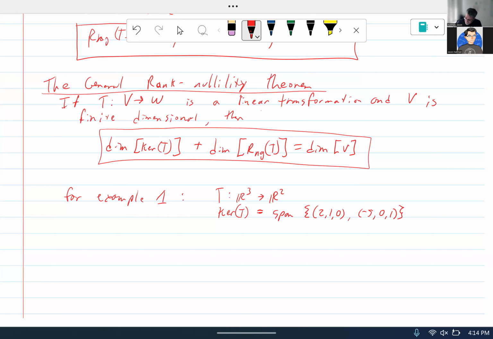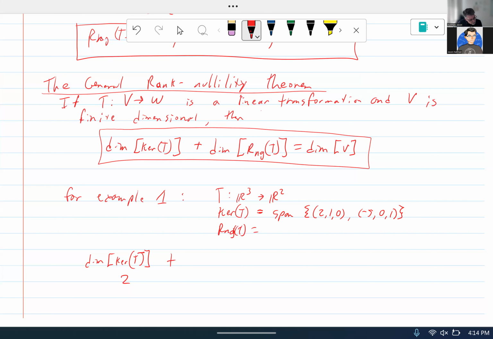And so how many elements are there in this span? Well, this has a dimension of 2. So the dimension of the kernel of T is 2. What about the range of T? What did we say the range of T was?